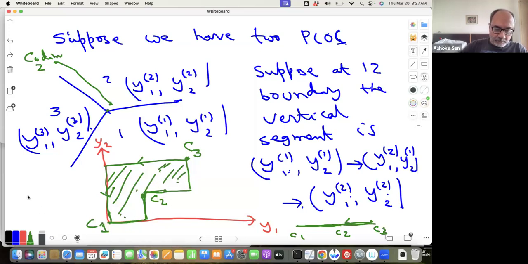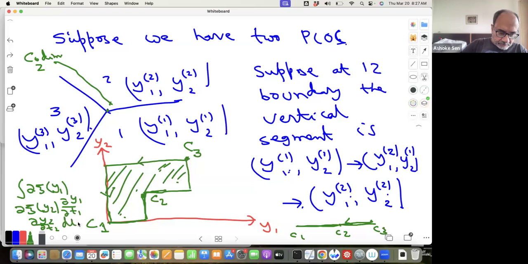And that turns out to be the integral of del xi y1 del xi y2, del y1 del t1, del y2 del t2, dt1 with dt2. Okay, maybe I'll write it in the next slide again.